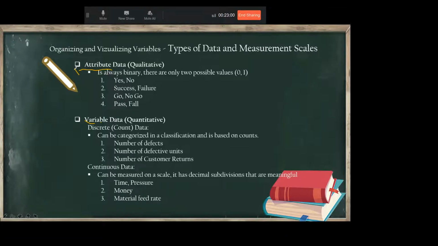That's why we call it qualitative, right? So one is qualitative data, and the other one is variable data, which is also quantitative data. So what's the difference? In qualitative, we just categorize or classify the data according to their traits.